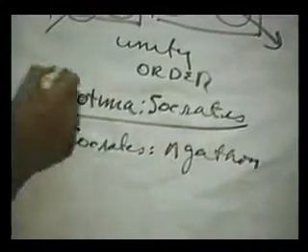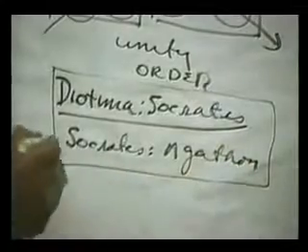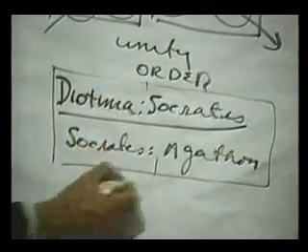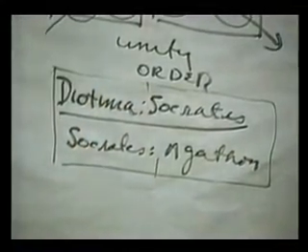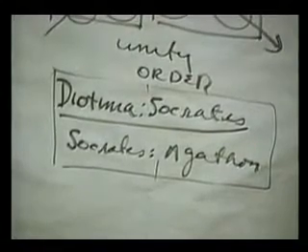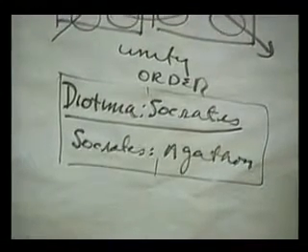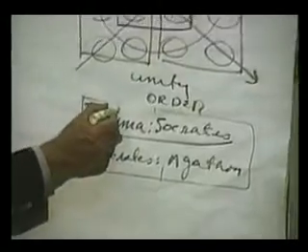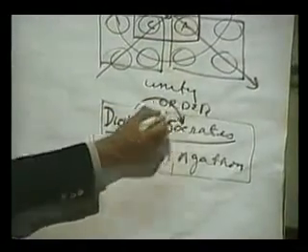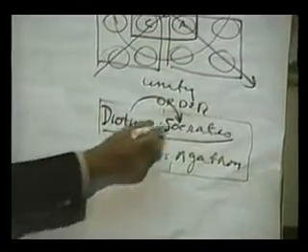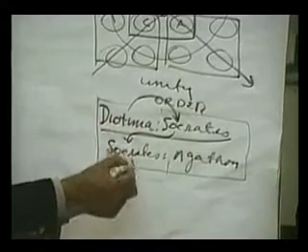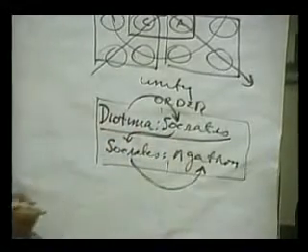Therefore, we have a basic model of the transmission of a teaching. Socrates' teacher was a woman, Diotima of Mantinea, according to the Symposium, right? And she passed the teaching on to Socrates. Socrates then was able to pass that teaching on to Agathon.